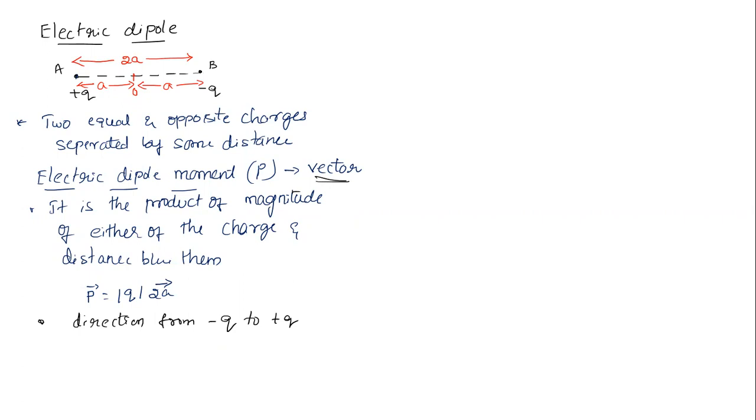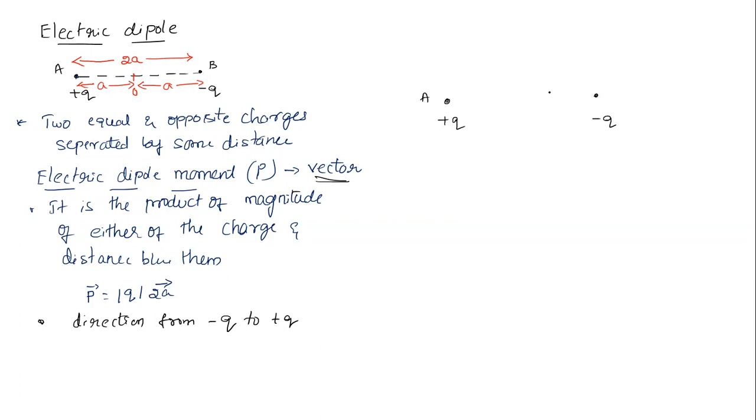Now you need to understand a little more, because later we are going to find the electric field due to a dipole. In order to do that, I need to make one more topic clear to you. If I take a dipole here, there is a plus q charge and a minus q charge.